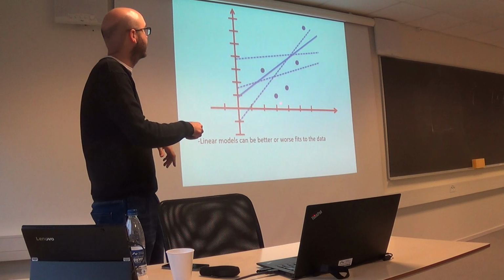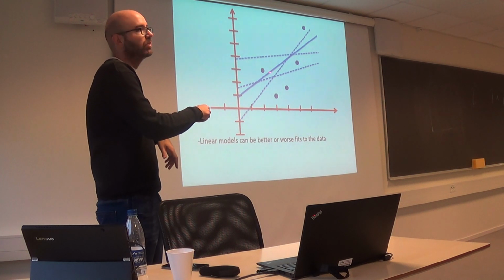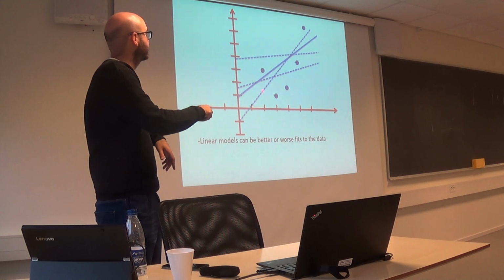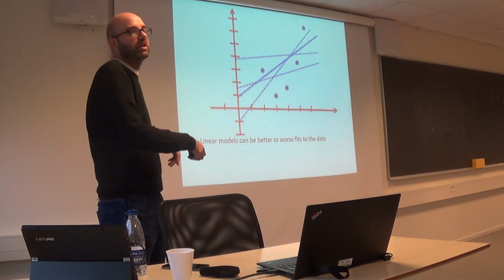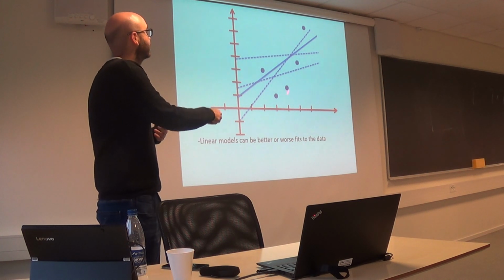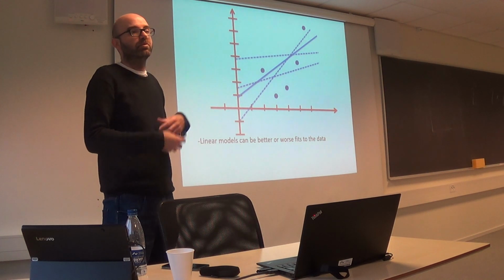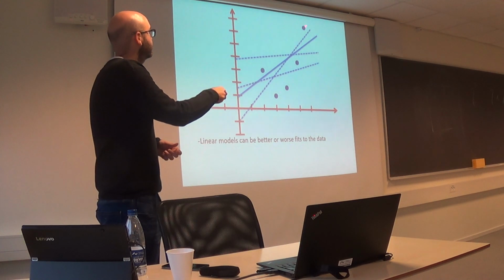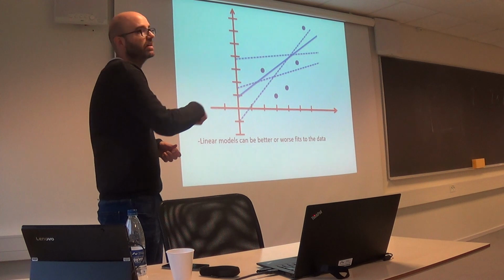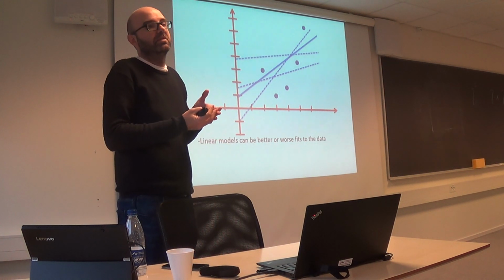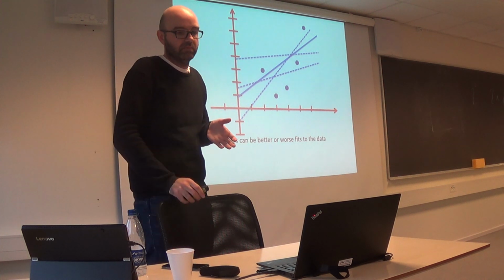So if I draw a line that perfectly fits all of these, then this one's going to be way off. And the amount that this one is off will mean that we lose all of the value that we gained by moving the line over here. So the model will become worse if we had a line that went through this one. So we need something that goes through the data so that it minimises overall the residual sums of squares.